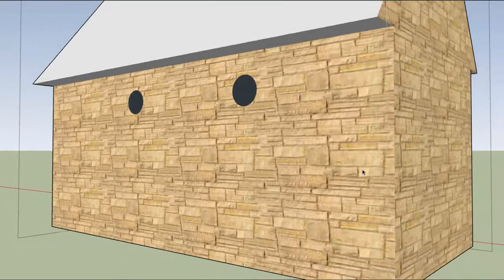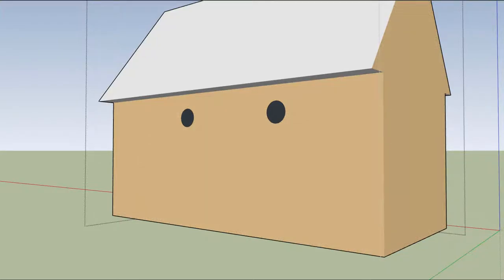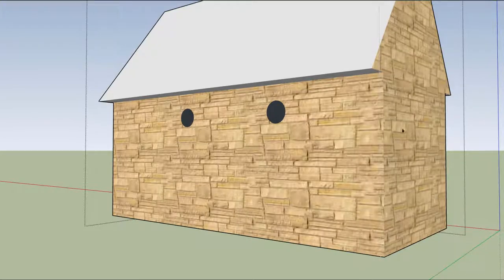That's starting to look like the bricks that were on the church. It's not bad, and we can edit the colors if we want to, and try to bring out some more of that yellowish that this church had.